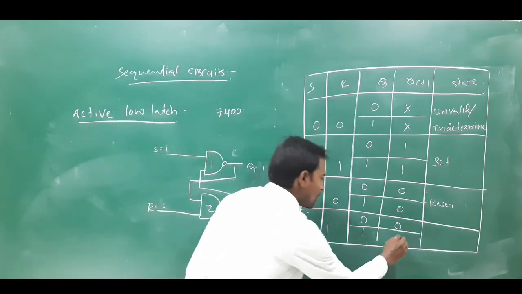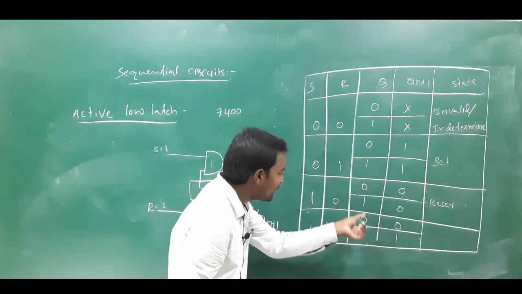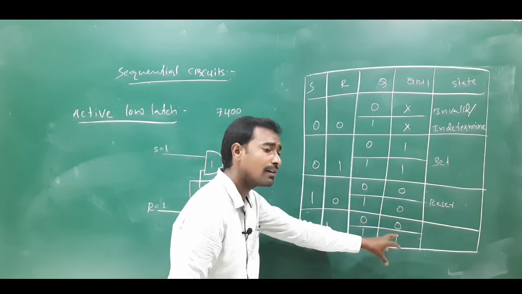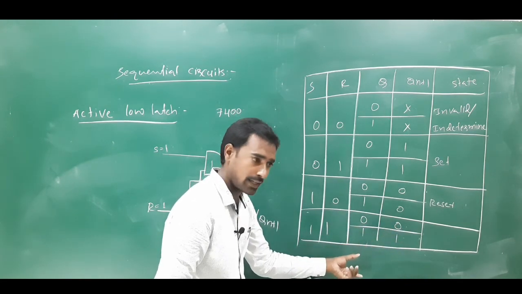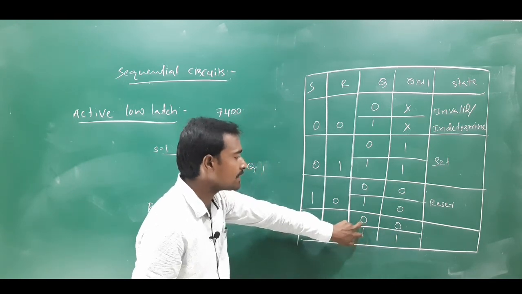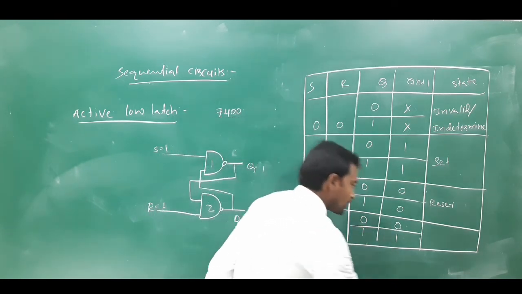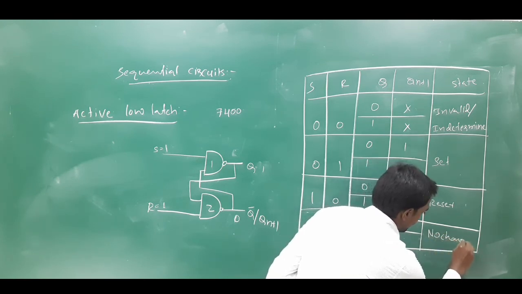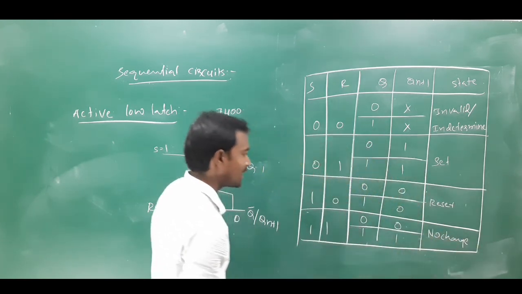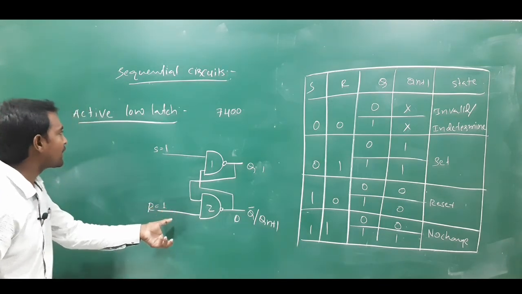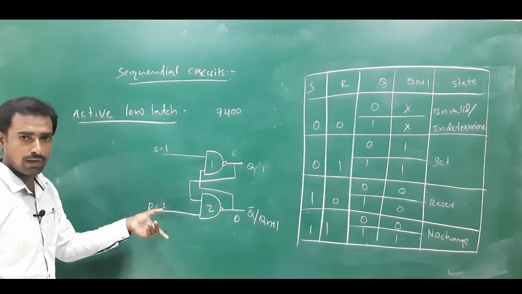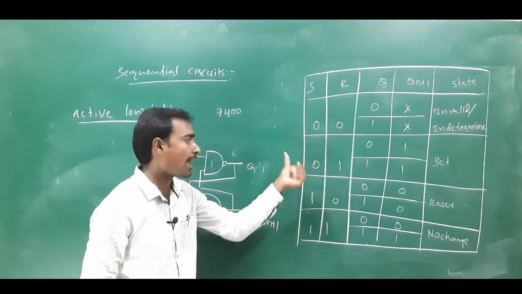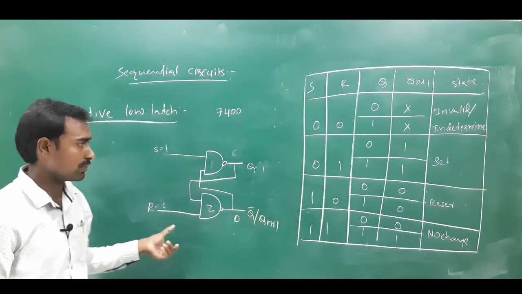So whatever the present input is, the next state is equal to the present state. This state is called the no change condition. This is the working of the active low latch circuit, as well as its truth table.